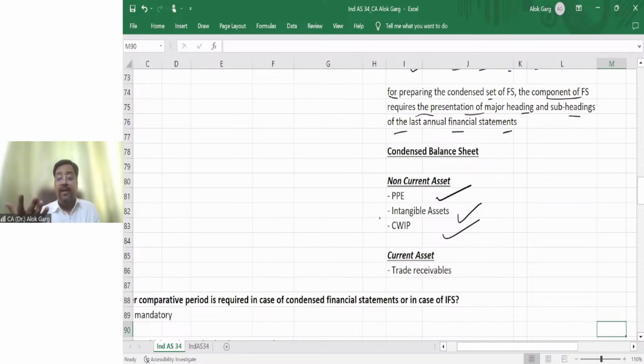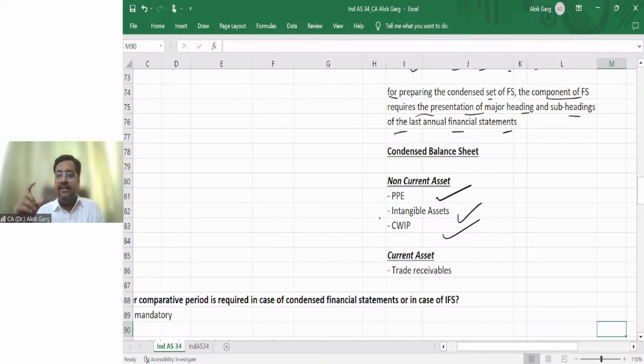For example, for PP, the entire PP reconciliation is there: gross block, accumulated depreciation, net block. Am I right? For intangible assets: gross block, accumulated depreciation, impairment, net block. If the company has taken a loan and placed this PP with the bank, then this kind of disclosure is also required.